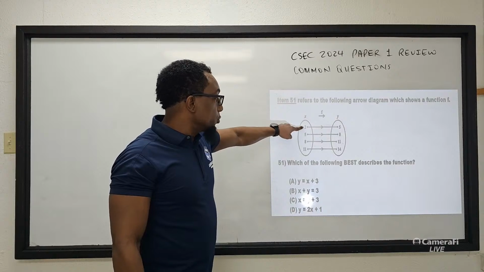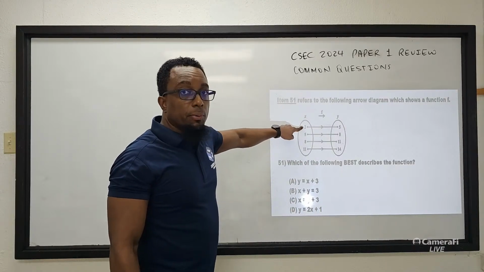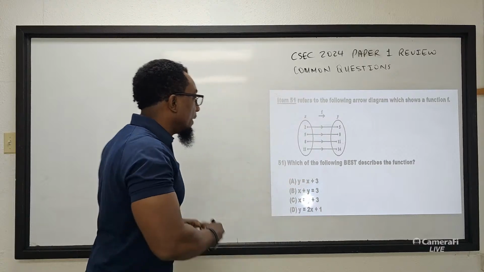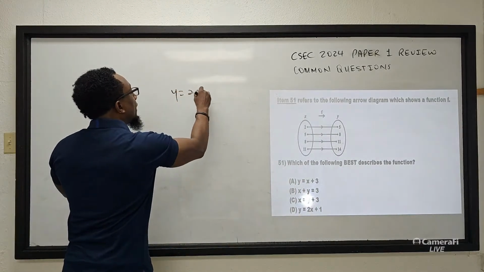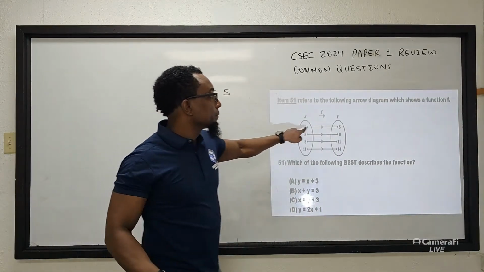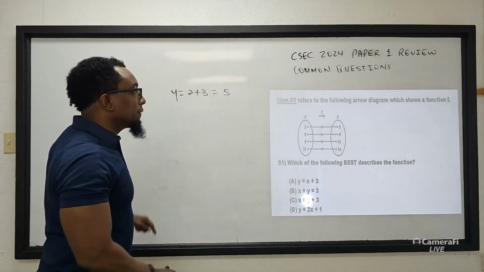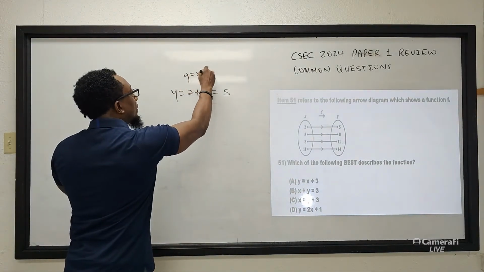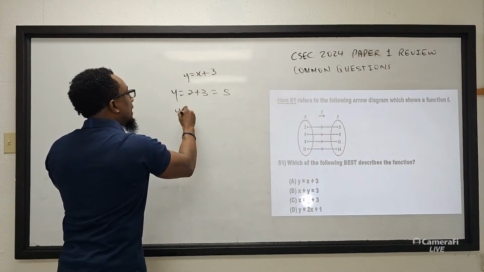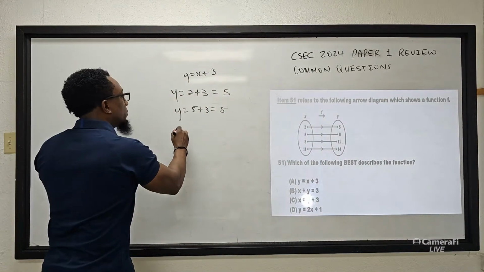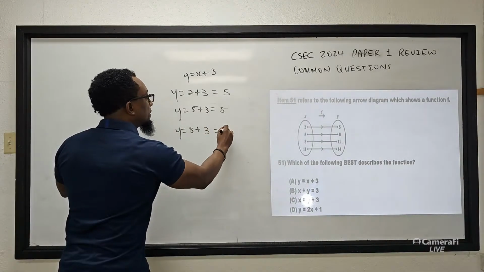So if you try A, let's see if it will work with A. If I replace x with 2, I'm going to get what? Y is equal to 2 plus 3, which gives me 5. If I replace x with 5, I'm going to get y is equal to 5 plus 3, which is 8. If I replace it with 8, plus 3 is 11.